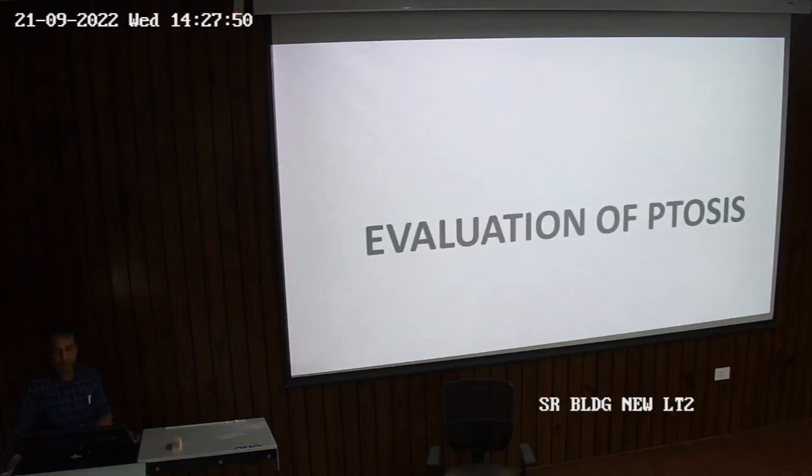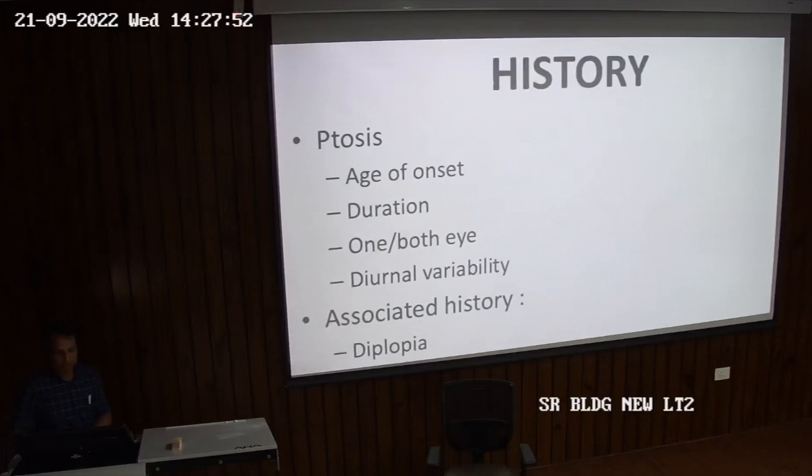Then how to evaluate a case of ptosis? Take the age of onset, which will determine whether it is congenital or acquired, duration of ptosis, unilateral or bilateral, and diurnal variation. So in cases of myasthenia, ptosis increases at the time of evening.